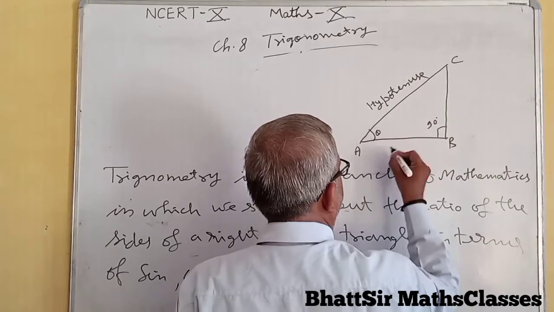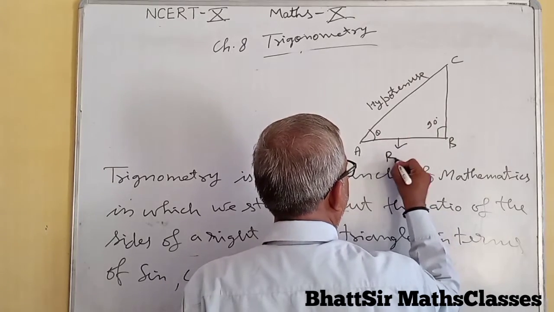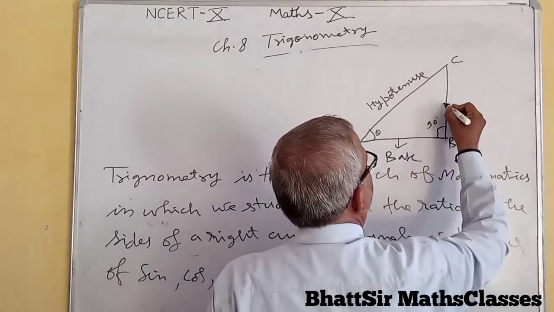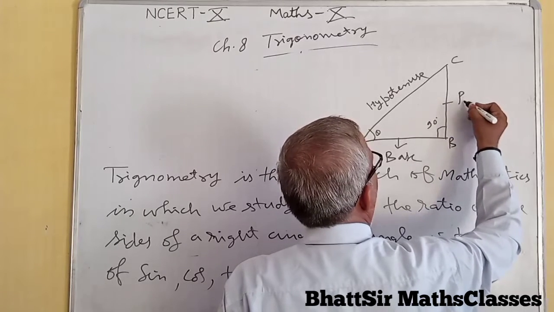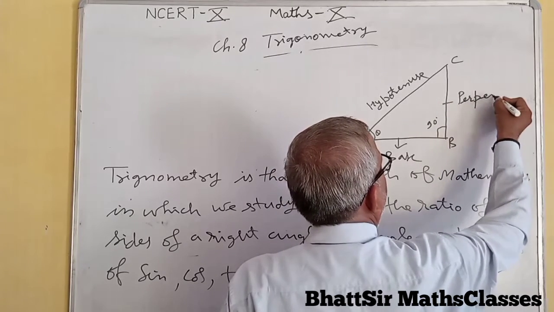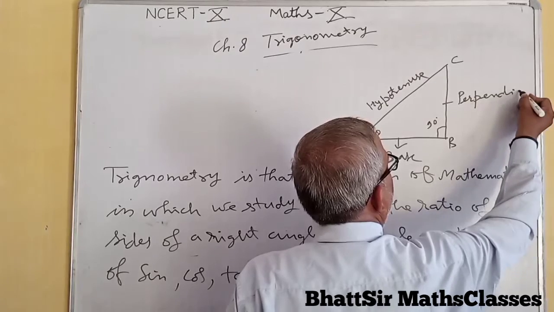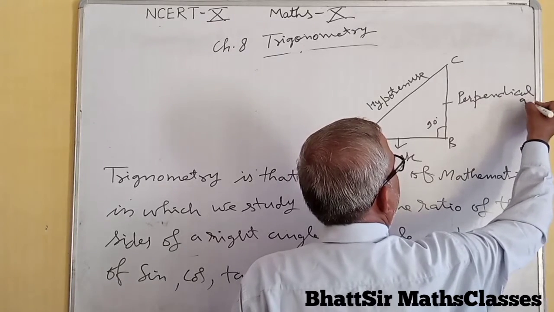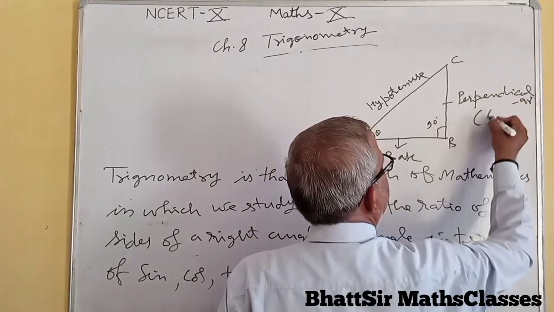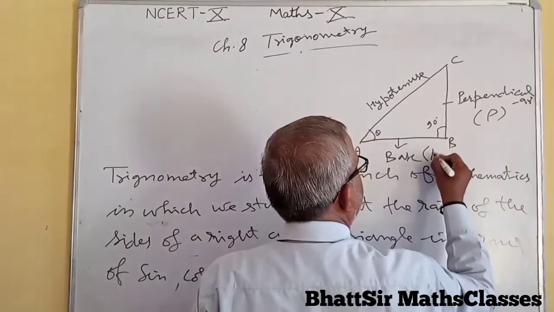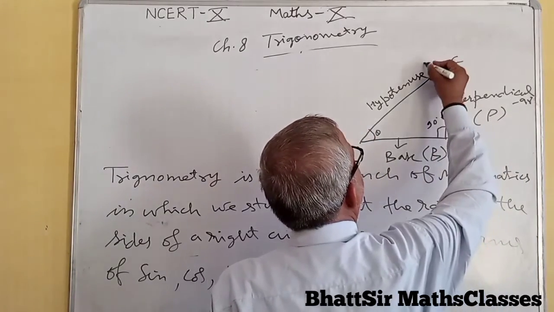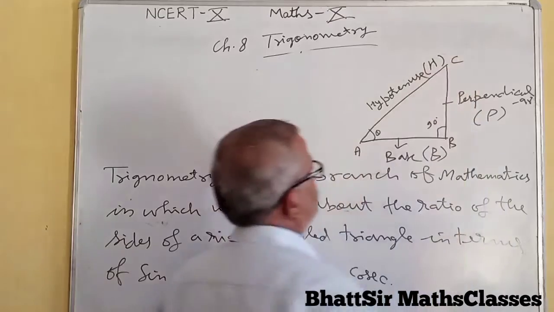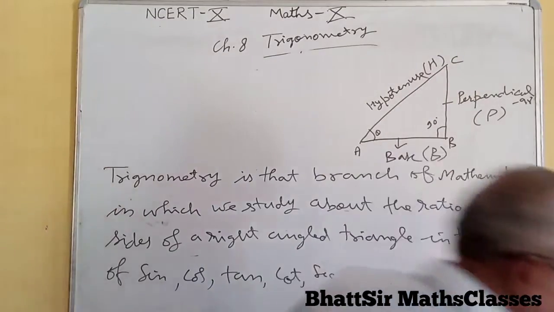This is the theta. It is the base. Opposite side is perpendicular. It is denoted by P, the base by B, and the hypotenuse by H.